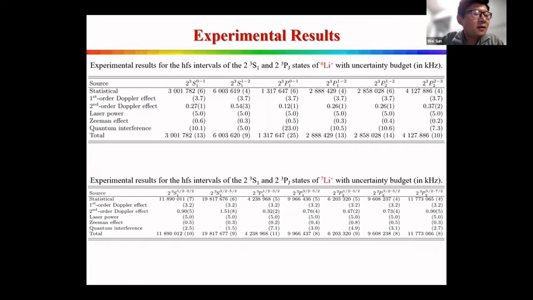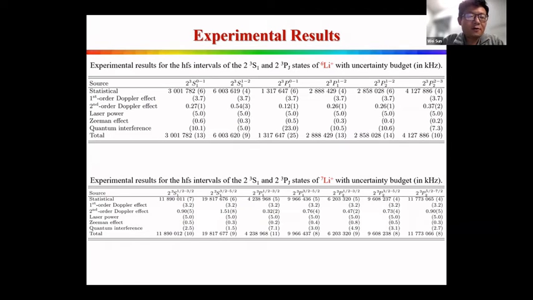So after taking into account the statistical and all the systematic uncertainties, we obtain all the hyperfine splittings of the 2p and 2s triplet of lithium 6 and 7, as shown in these two tables.